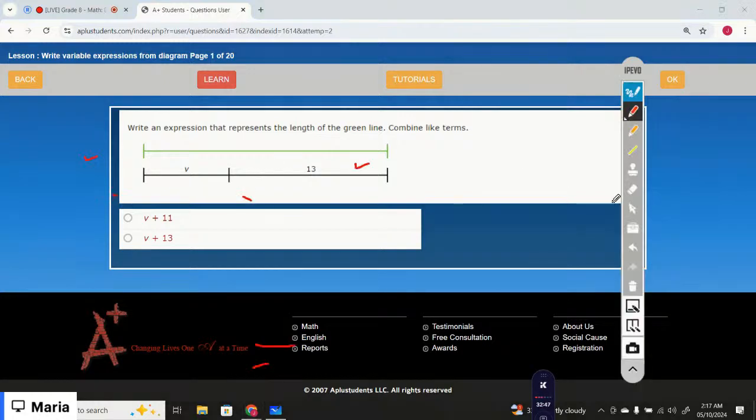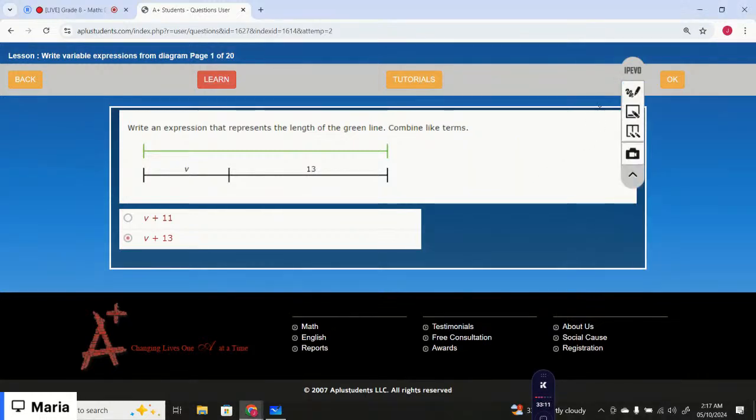The length of the black line and green line is exactly equal, right? The length of the black line is 13 plus v, or either you can write v plus 13, right? So the correct option is v plus 13. Option number 2 is the correct option. Got it?